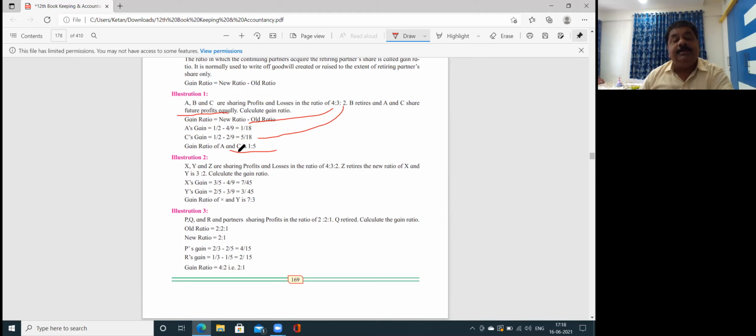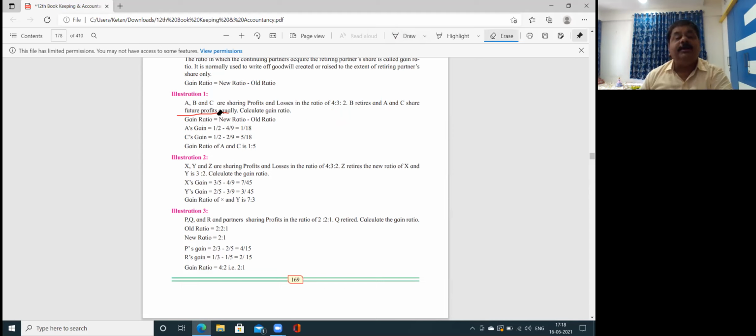What is the entry to be taken? A's capital account debit, C's capital account debit, to B's capital account. A को डेबिट देने वाले हैं, C को डेबिट देने वाले हैं, because they are gaining partners. And Mr. B is a sacrificing partner because he is a retiring partner. उसको credit मिलेगा. Because he is getting compensation in the form of goodwill.